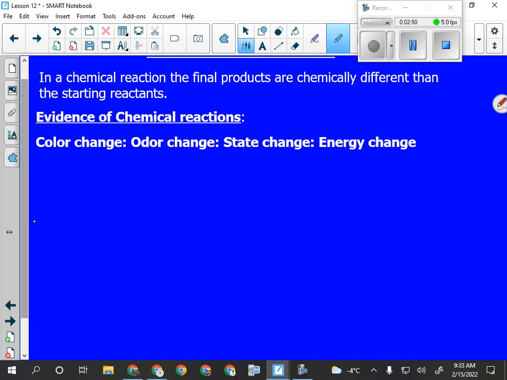Let's say I've got a reaction that looks like this. Let's say I'm taking sodium hydroxide. I'm reacting it with hydrogen chloride. These are my reactants.